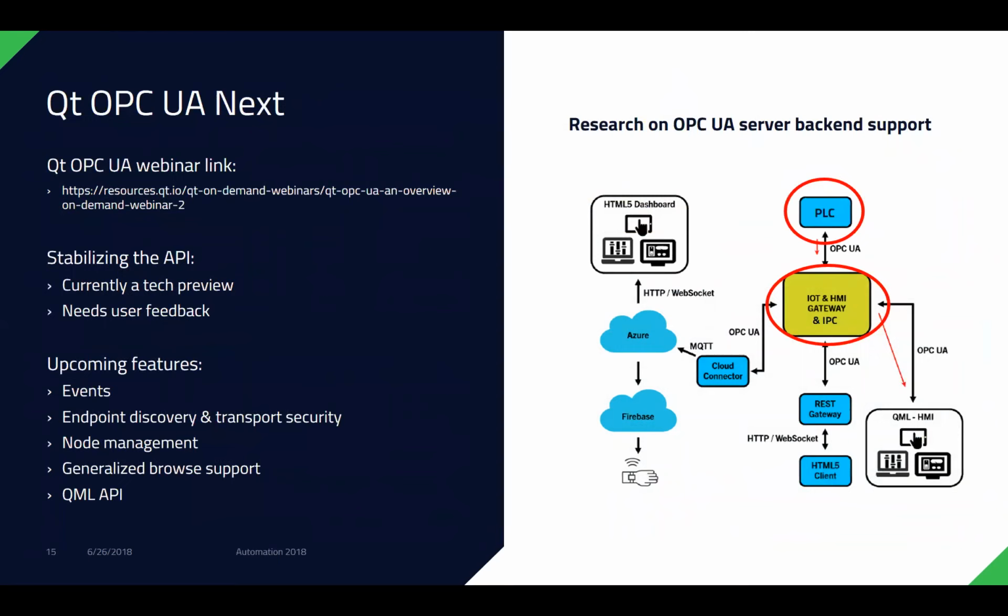What we are focusing on now with Basiscom is stabilizing the API, so we also need user feedback. Please, if you are testing OPC UA implementations these days, send us feedback.